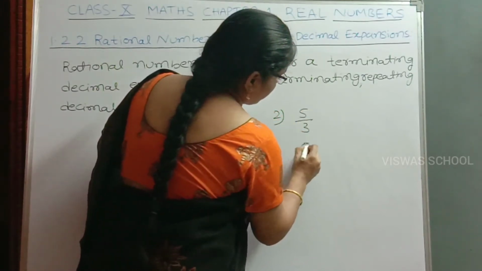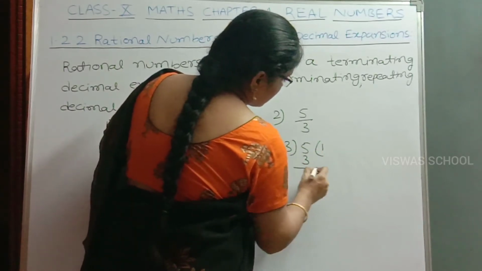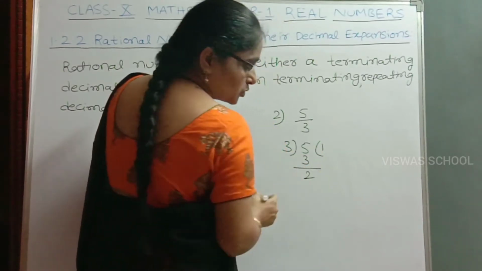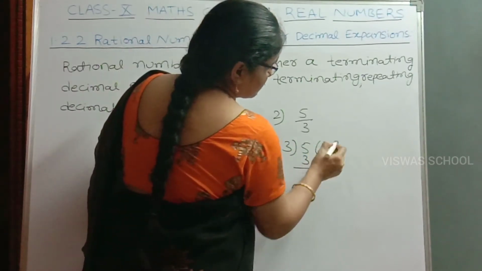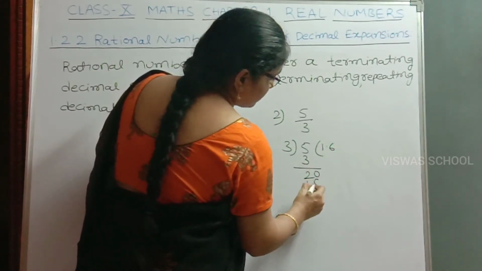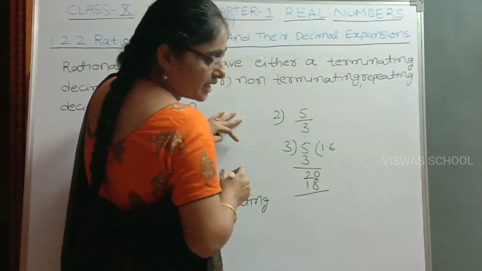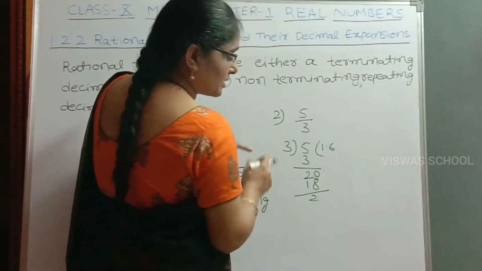Here 3 ones are 3. 5 minus 3 is 2. Here 2 is not divisible by 3. That's why I am taking a decimal point and here it is 0. 3 6s are 18. Here 20 minus 18 equals 2. Again 2 is not divisible by 3.